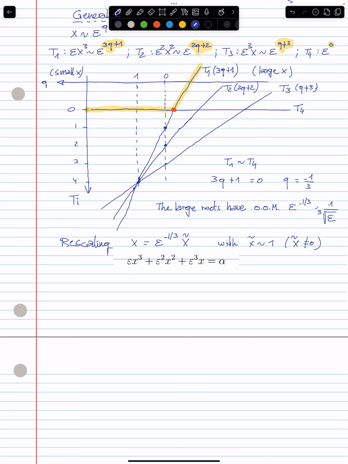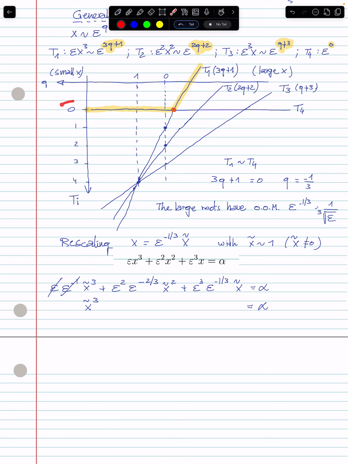So we have first term epsilon multiplied by epsilon to the minus 1 times x tilde to the third, epsilon minus 2/3 x tilde square, epsilon to the third, times epsilon minus 1/3 x tilde is equal to alpha. And you see that these two disappear, and the leading order terms are of order 1.